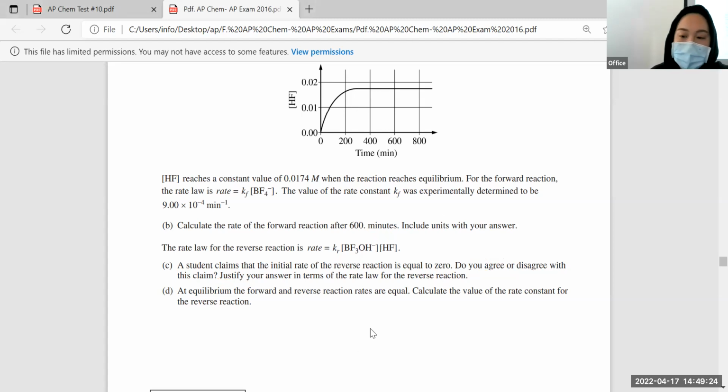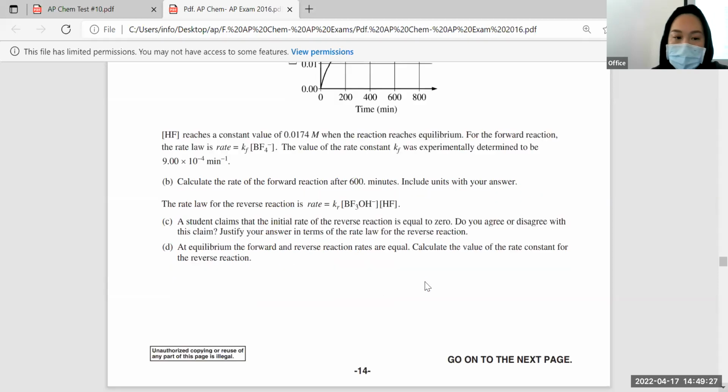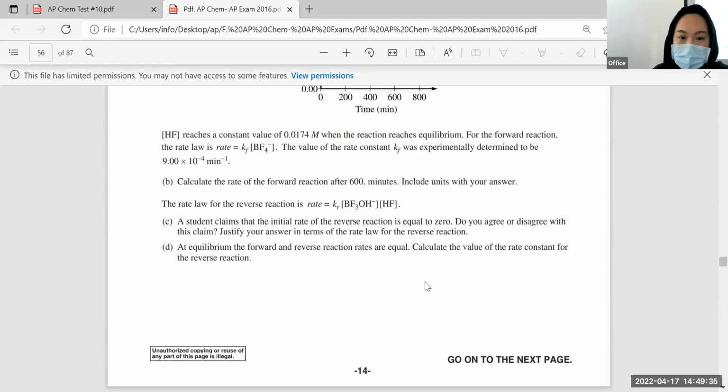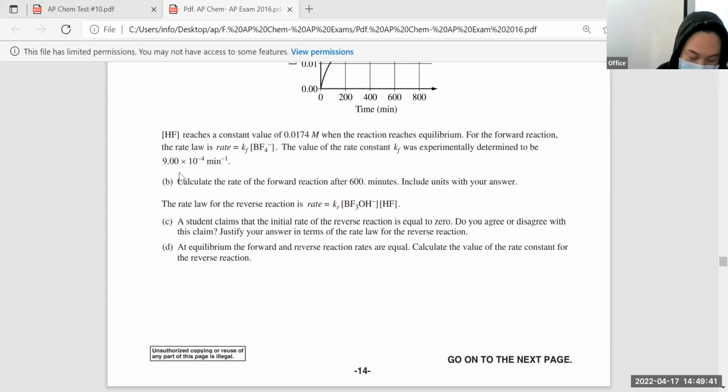Okay. At equilibrium, the forward and reverse reaction rates are equal. Calculate the value of the rate constant for the reverse reaction. Okay, so we know K, KF, BF3.